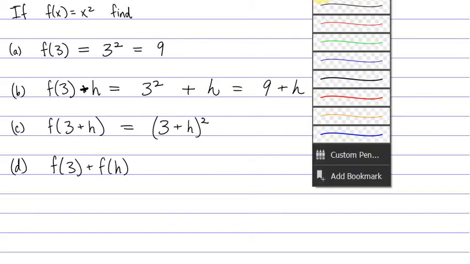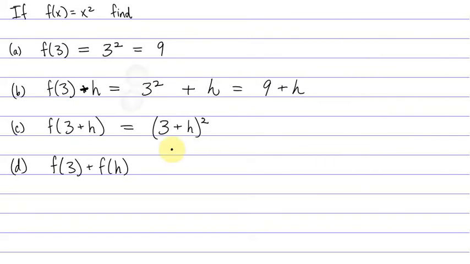Okay, so let's go to different ink. It is a common misconception that you can take an exponent and distribute, but you can't do that if there's a plus sign right there. That's not allowed. What we can do to write this differently though, is 3 plus h quantity squared. So squaring something means multiply that thing by itself.